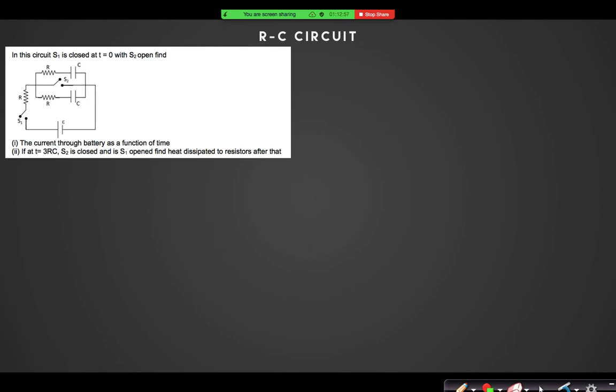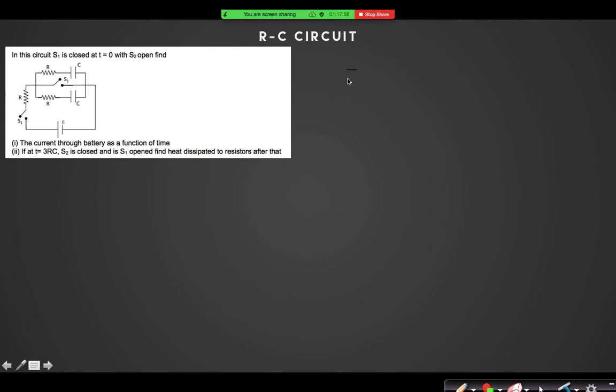In this question, S1 is closed at t equal to 0 with S2 open. Here, can you see that the two capacitors are the same? So here I can use the equivalent concept, yes or no? Yes sir.